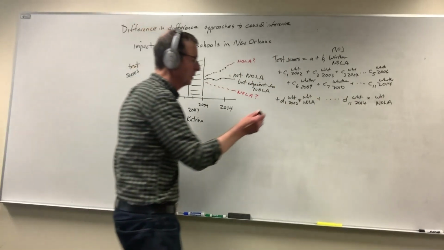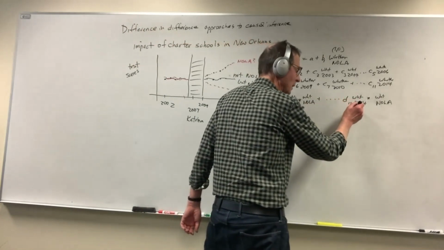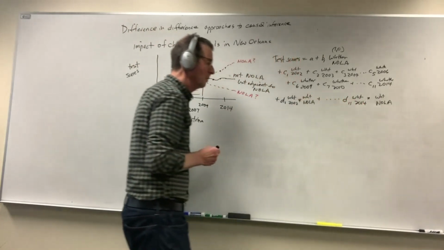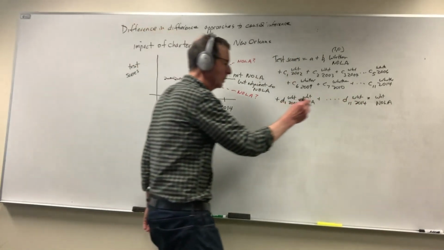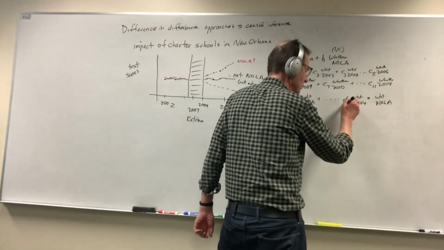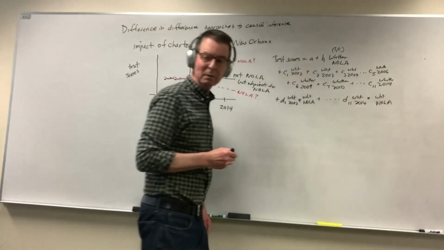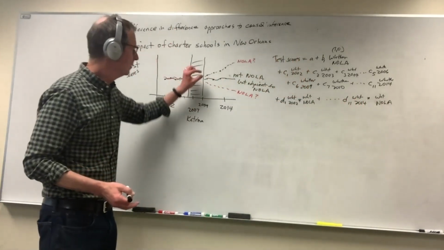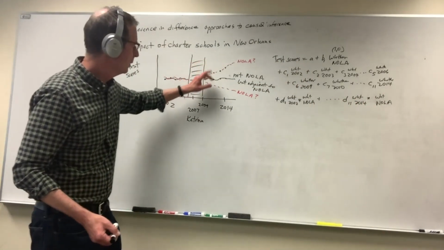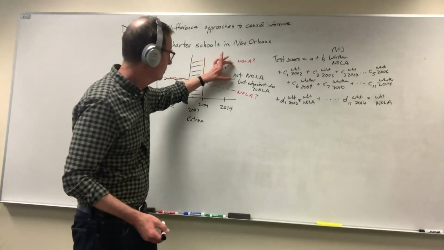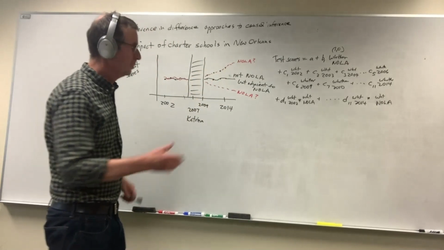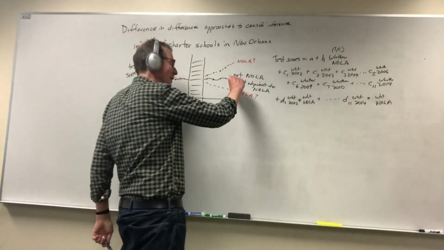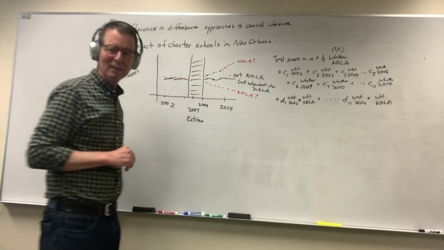For these interaction terms, if the charter schools in New Orleans are performing better than adjacent schools, this interaction term coefficient is going to be positive, and it's going to tell you how much better. This is this scenario up here, 2014. The coefficient D11 is going to be this difference in test scores, but it could be negative, which is going to be indicating this difference in test scores.